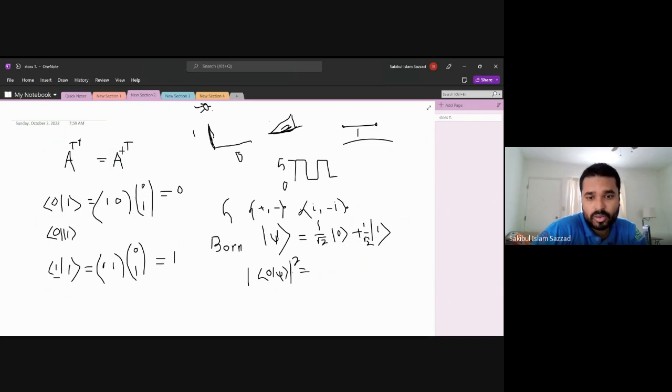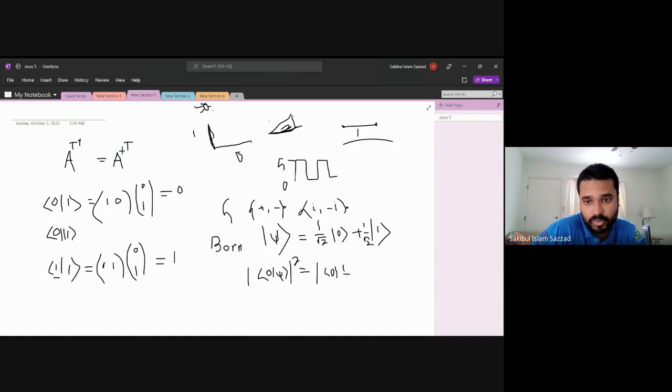Okay, so this is my bra notation for 0. This is the absolute value. Then the psi, I will write down the psi once again.